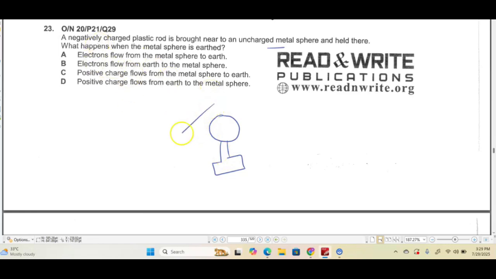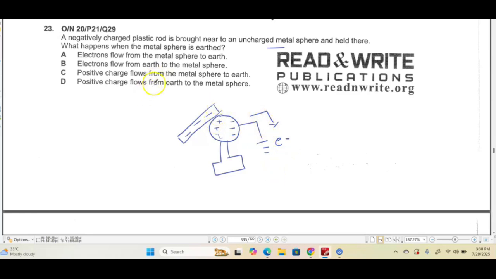Negatively charged plastic rod is brought near to it. ठीक है, ये negatively charged plastic rod है, तो what would happen is that positive charge is going to get here and negative charge is going to go here. So when this is going to be earthed, the electrons की concentration is more on this area, so they are going to move from the sphere into the earth.